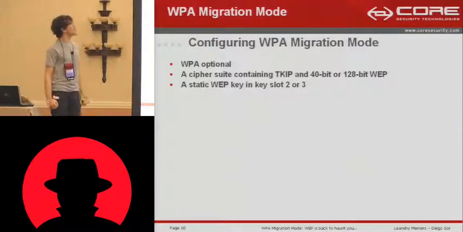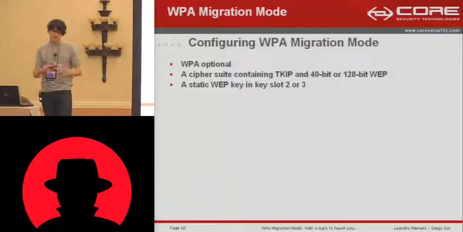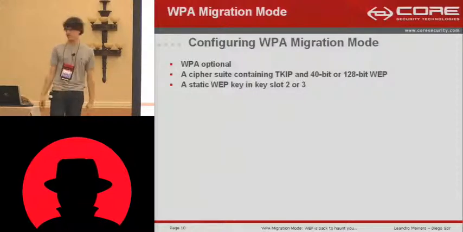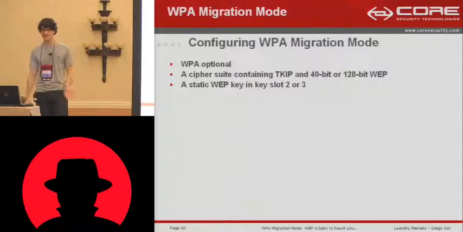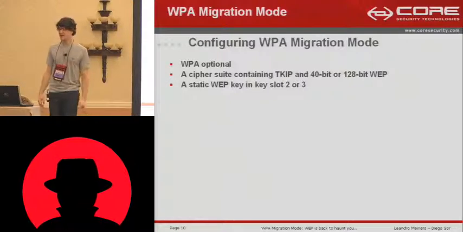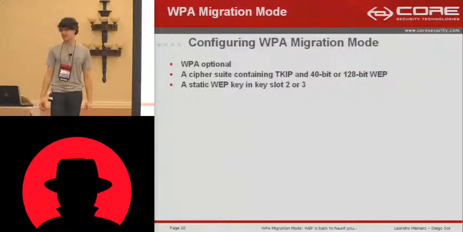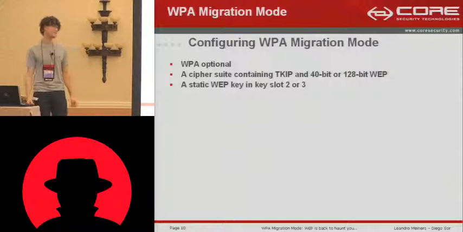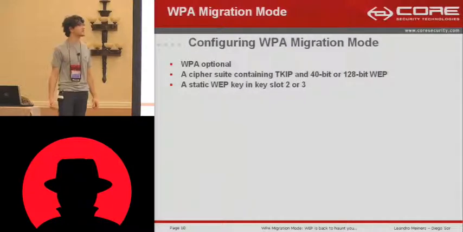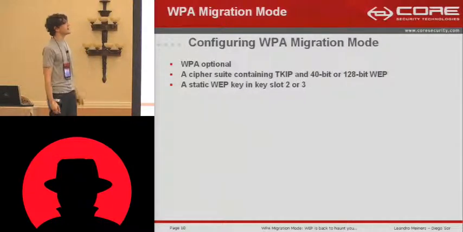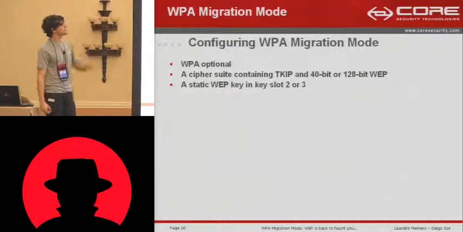WPA became optional, from Cisco's documentation. It requires a cipher suite containing TKIP and a 40-bit or 128-bit WEP configuration, and a static WEP key in key slot 2 or 3. This is one of the differences with the typical WEP configuration, because it is a requirement to put the key in slot 2 or 3.